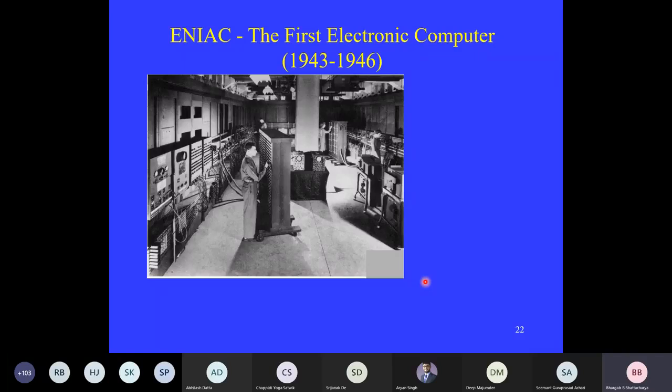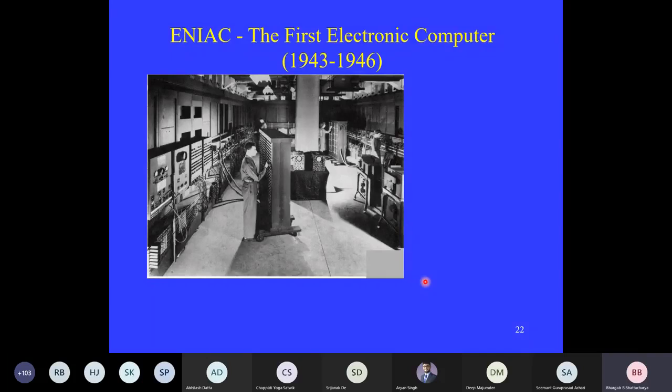So what is the full form of ENIAC, just for historical interest? Electronic numerical integrator and computer. Right. See, this is the time, as you can see, 1943-46, time of the Second World War, right?